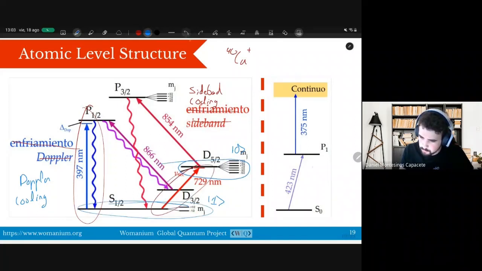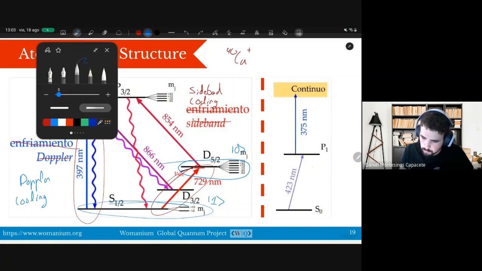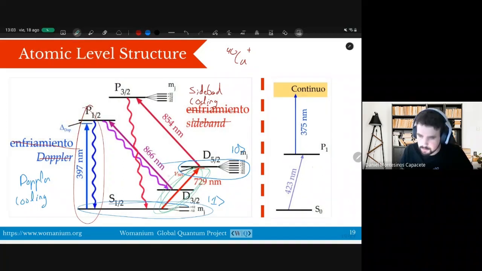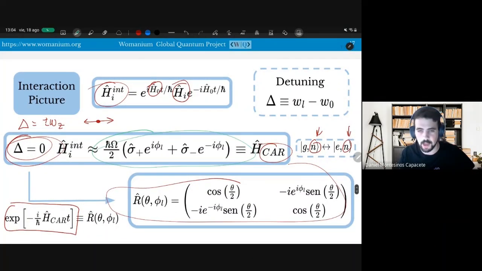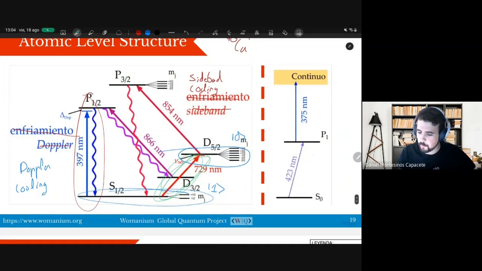Also, we have this laser here that is going to be fundamental, because it's the laser that we are going to use in order to manipulate the qubit, since it corresponds to the transition between the 1 and 0 states. So this carrier transition that we have discussed a little here, we are going to perform that interaction using this laser.